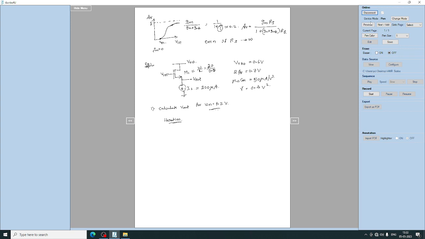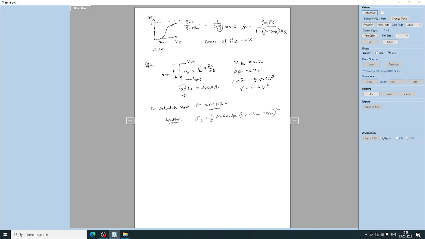We note the expression for ID, which is 1 by 2 mu n COX W by L into (VGS minus VT) whole square, where VG is V in, Vs is V out, and Vth is the threshold. This is the current expression, considering M1 to be in the saturation region.